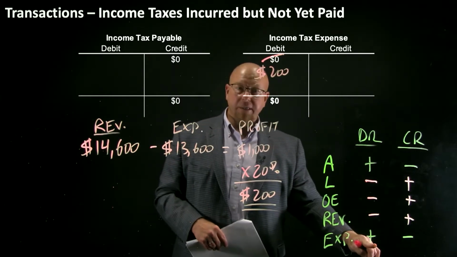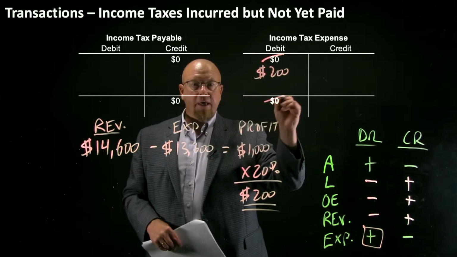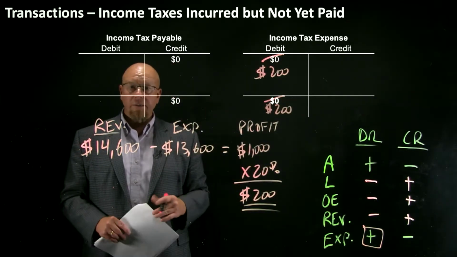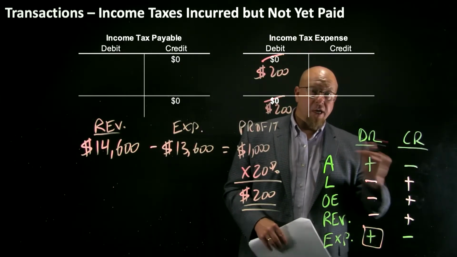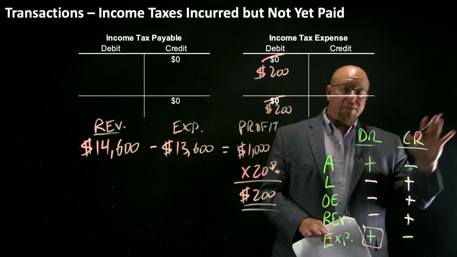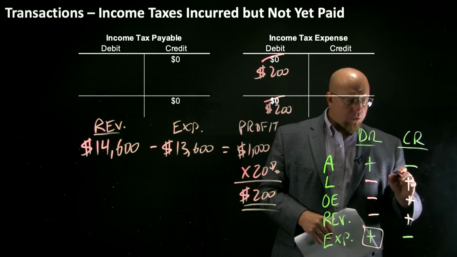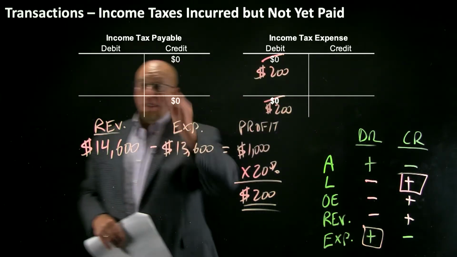Here's another expense increasing with a debit, and that income tax expense for the month of February will be $200. Now, just like we did before, it's not going to involve cash. Cash is going to happen later in this instance. Maybe next month, maybe 2 months from now, we aggregate this liability and make one payment to U.S. Treasury.